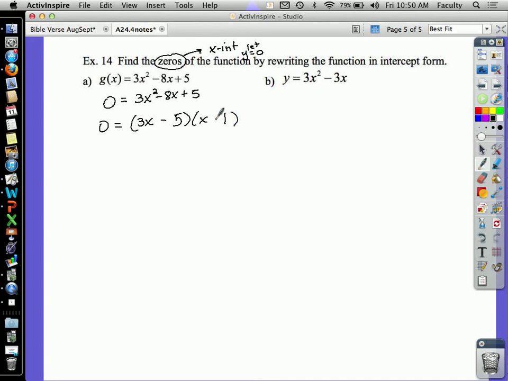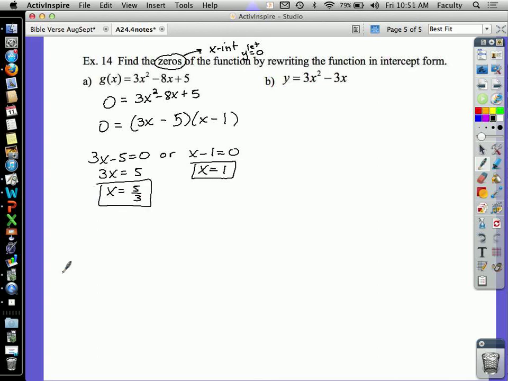And because I want a negative 8x and I want a positive 5, they're both minus signs. Then I use the zero factor property and set each factor that contains a variable equal to 0. So I'm getting x equals 1 or x equals 5/3.